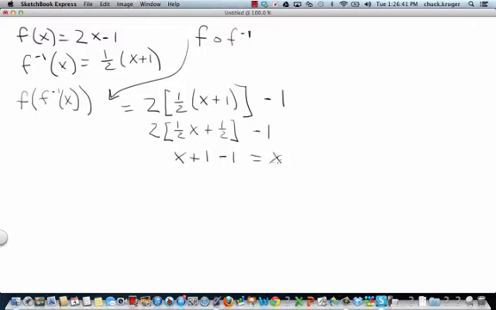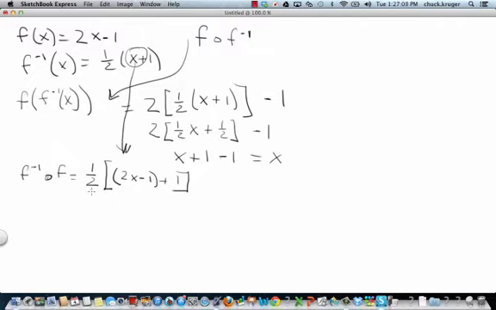and I get x. And if I compose this, if I have f inverse compose f, that means in my inverse I'm going to have 1/2. Again, I'll use brackets. And inside here I'm going to have 2x minus 1 plus 1. So this right here is what got slotted in its place.